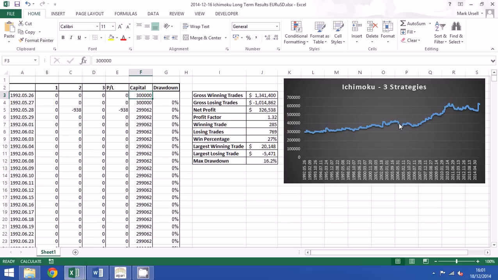Things slowed down and the capital was a lot flatter up until really, we can see here, the start of the financial crisis, 2007 into 2008, 9 and 10. The strategy performed very well indeed, and the capital increased significantly over this time period.